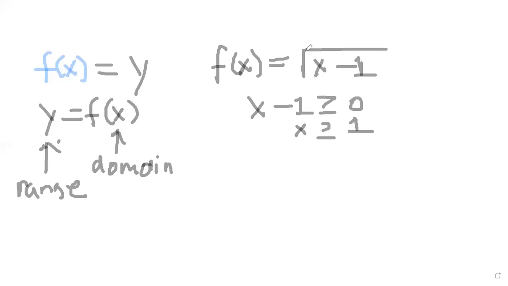Square root of 0 is 0. Square root of 4 is 2. So therefore, the range has to be at least 0 or greater.